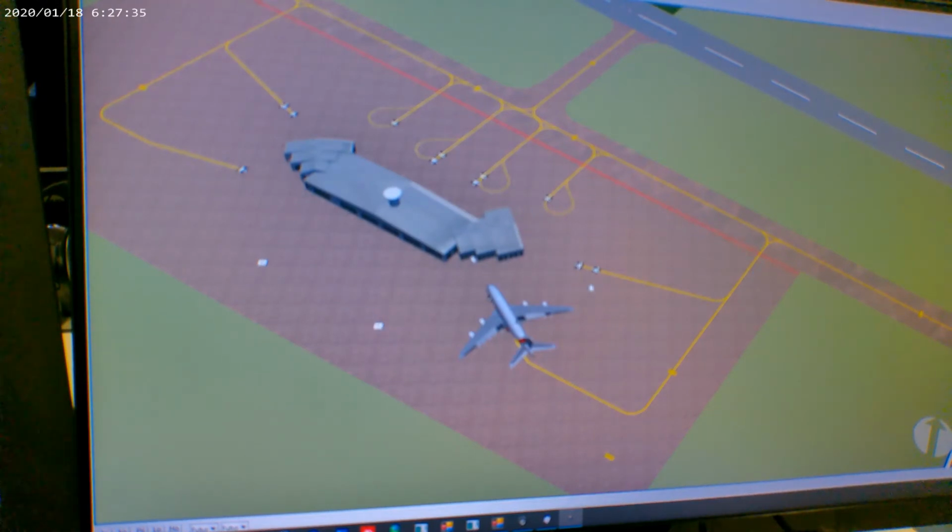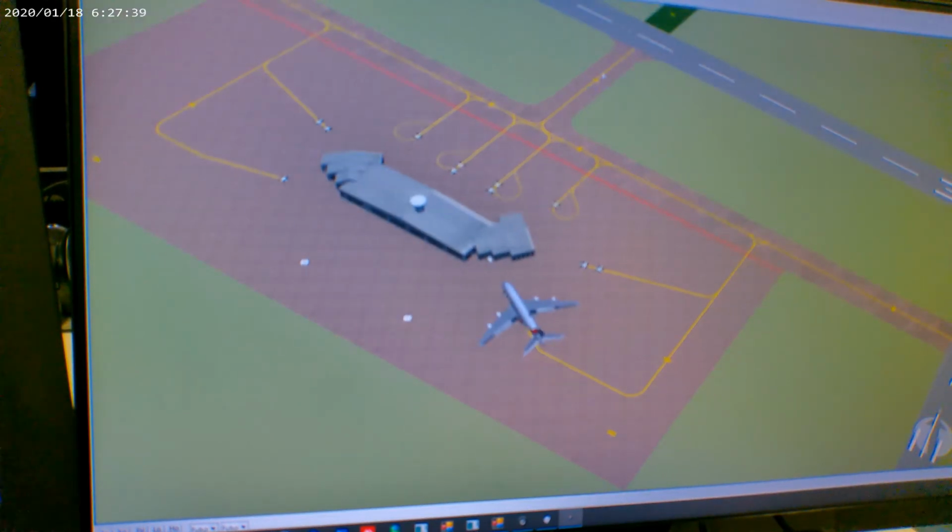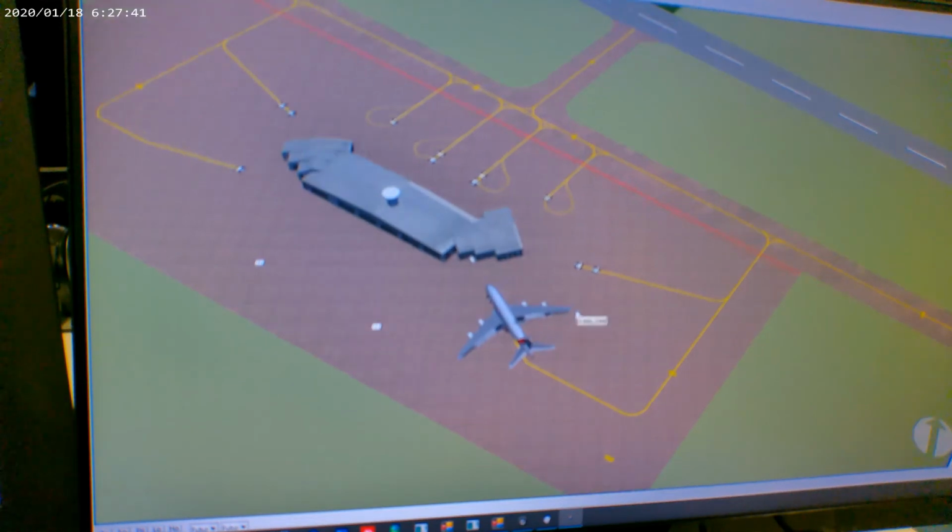So what happens? Why do we have this kind of surface on an apron which is different from other surfaces? We must take into consideration that aircraft are parked here for very long periods of time, and their weight differs, so they could be very heavy and in that position for a very long time. So this surface has got to be stronger than any other surface which is used for aircraft movement.